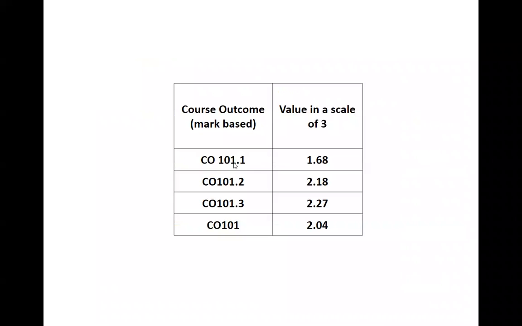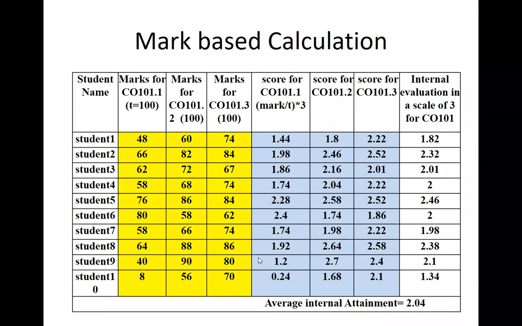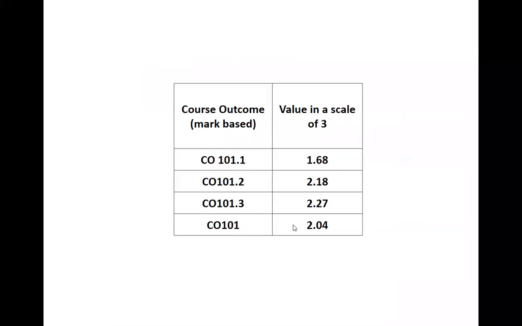And the total course outcome for each subject can also be taken as an average of each column. The average of each column will give the score for course outcome 1, course outcome 2, course outcome 3. And the value for the total course outcome will be the average of these 3. So that will be 2.04 on a scale of 3. I hope this is clear.